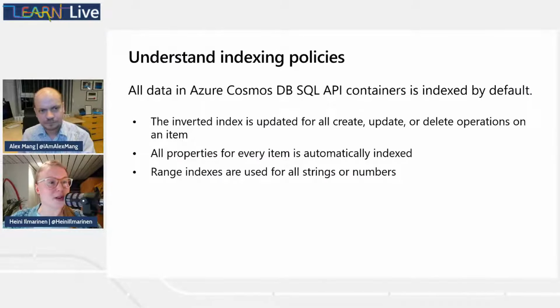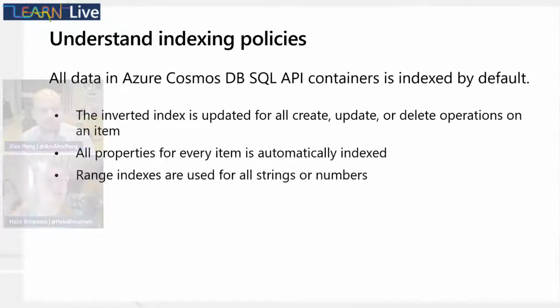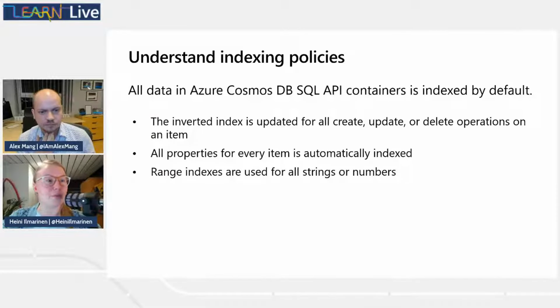So as we already went through, all the data in all the containers is indexed by default. And also, as Alex mentioned, whenever we do any kind of CRUD operation, this index is updated. So really, it is building out that union of those trees that we were looking at in the previous slide.